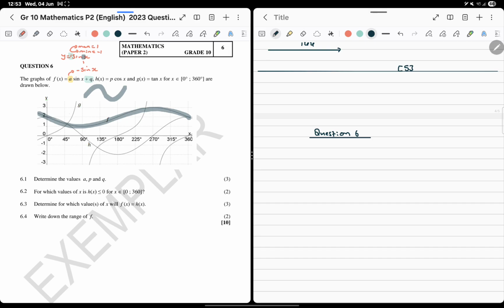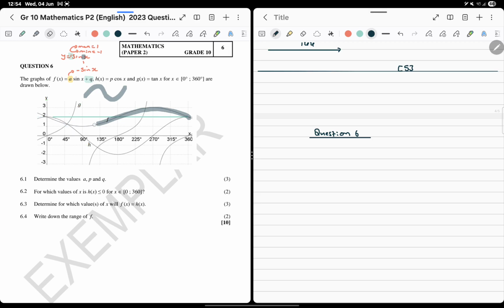Amplitude is going to be from rest position, which is right around here, because it starts from rest and ends at rest. So looking at that, the maximum is 3, the rest is at 2. So literally that's just 1 unit. So our amplitude is 1 unit. So this is minus sine x. So we are good. It's inverted because of that negative.